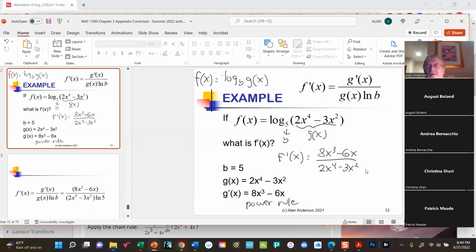And then don't forget, we also have the natural log of 5. Now you can clearly cancel out some of these x's. You can simplify it a little. But I think that's all. Yeah, that should do it.